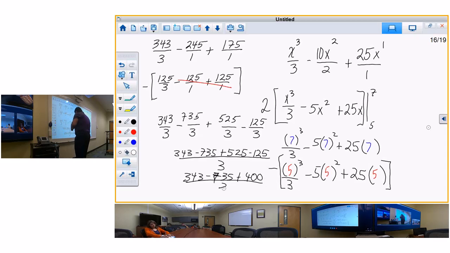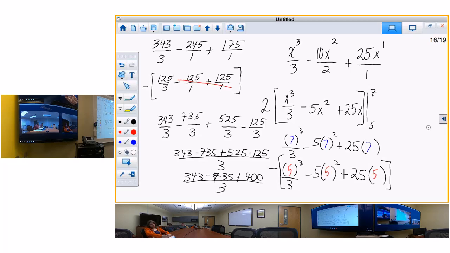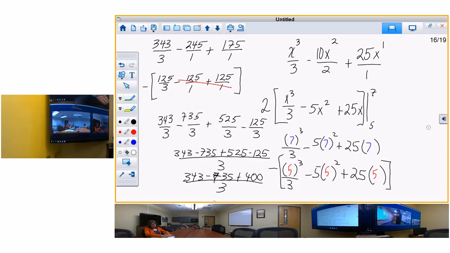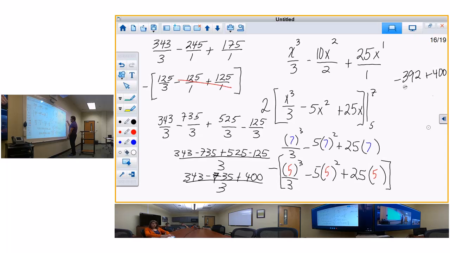Over 3. 343 minus 735, let's see, 343 minus 743. I'm thinking, 392. What does it come out to be? Negative what? 392. So that's going to be negative 392 plus 400 over 3.